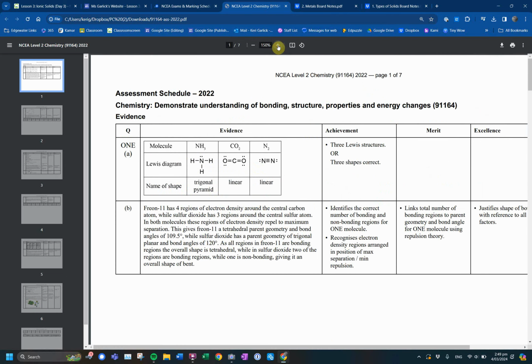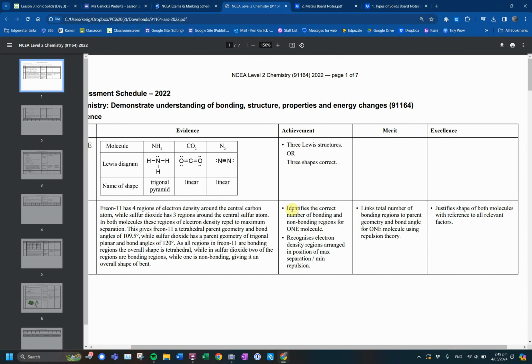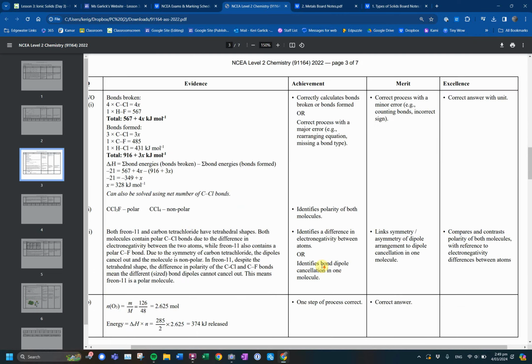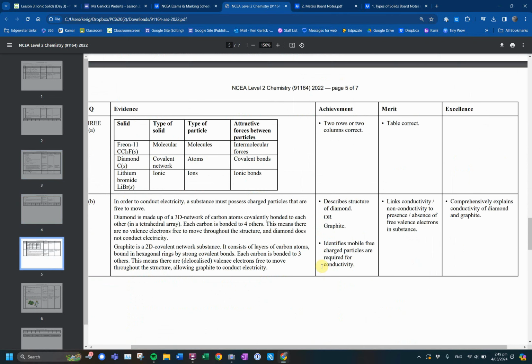Be mindful with a lot of this. The achieve level is just the identification, so stating what you know property-wise and the structure-wise. Oh, wait, that's not the right one. There we go. So it describes the structure, identifies that the mobile charged particle. The merit is explaining why, so looking at the property and linking in, so using words like because and therefore.